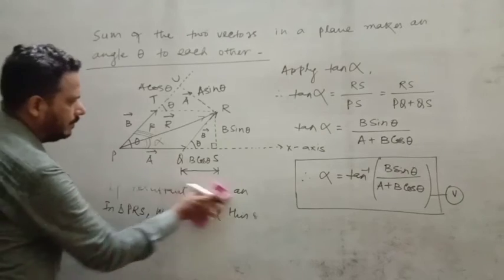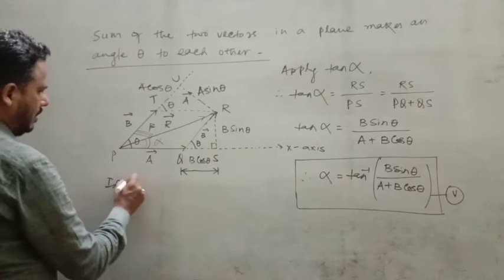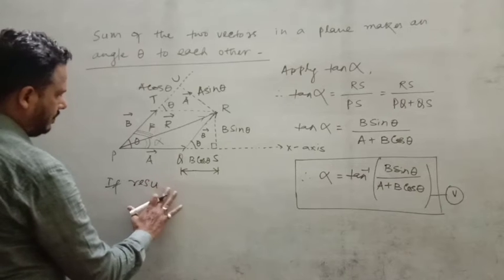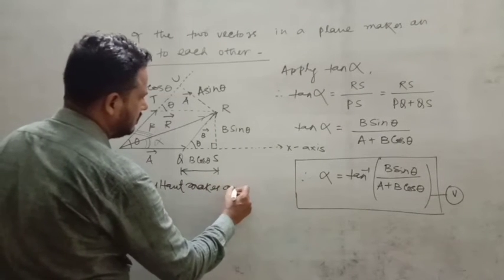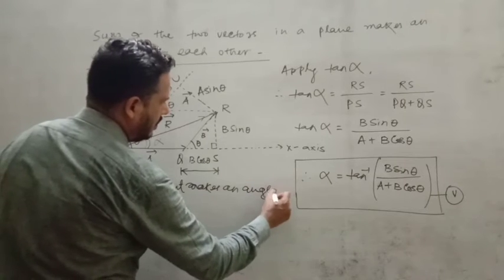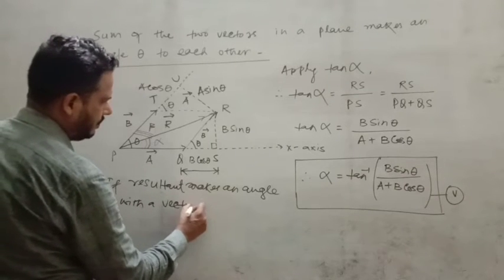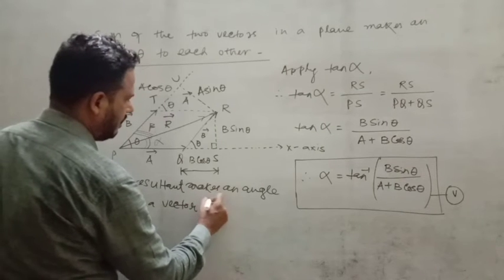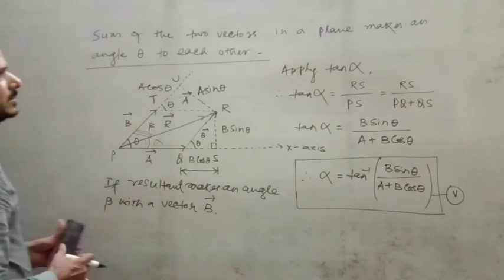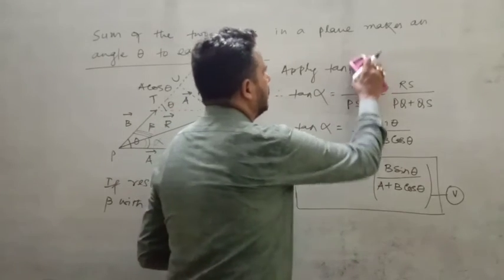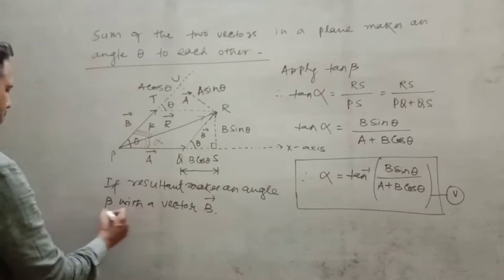So simply you have to change here that if the resultant makes an angle beta with vector b, therefore simply you have to apply tan beta. Just apply tan beta in triangle PRU.